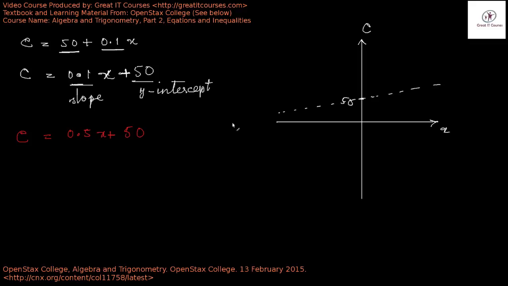Now this function would be exactly the same thing, basically crossing the y-axis at the same point, 50, but this time the slope of this function is basically 5 times the slope of the function that we had before, and it's going to be something like this.